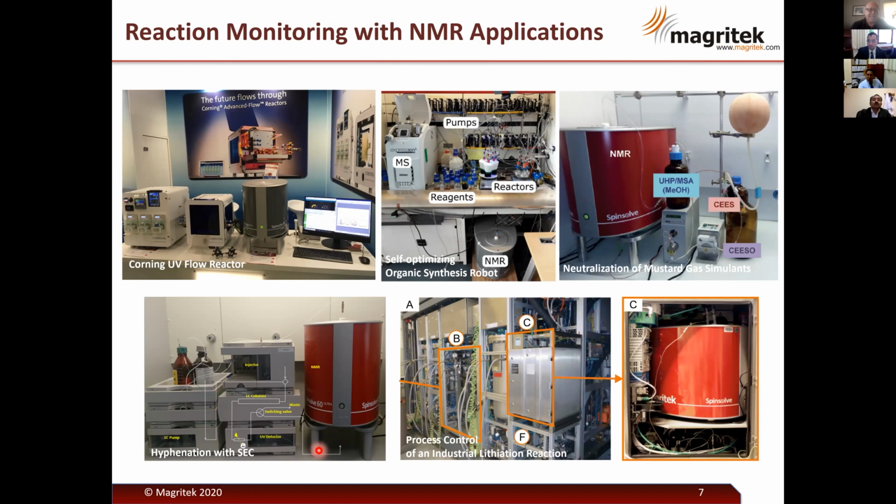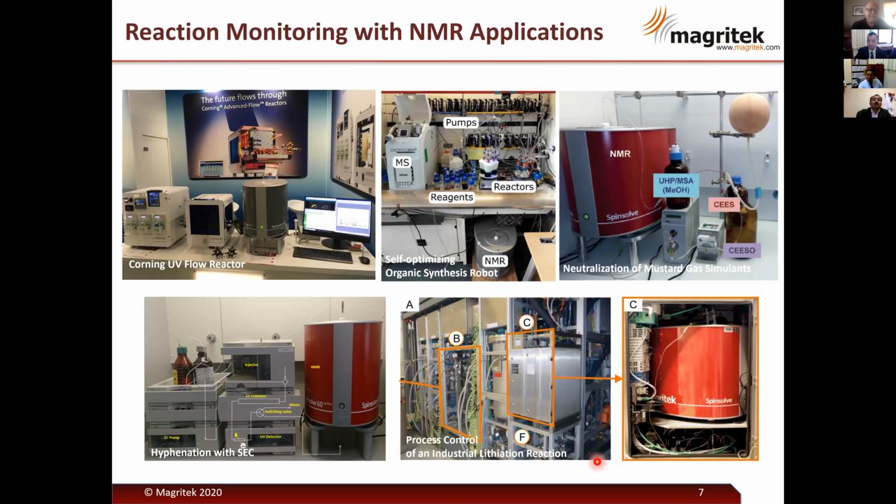And then here is a picture of a process control of an industrial lithiation reaction. So box C here is an explosion-proof box, and this benchtop NMR spectrometer is sitting inside there. So it can be incorporated into a big industrial process.